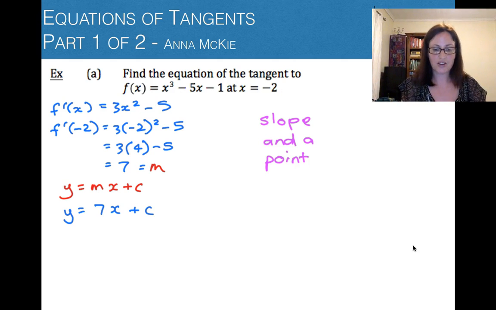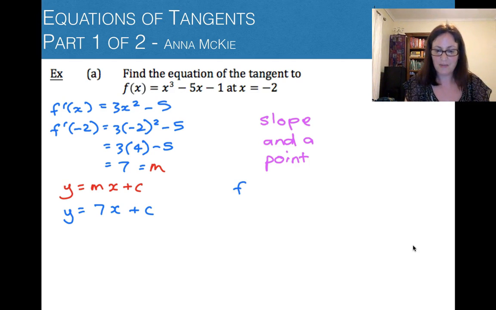Well, we're going to substitute x equals -2 into the function. And that's another trick with using calculus. When you have a point, it's likely that you're going to use it in two places. The function, f of x, and the derivative, f dashed of x. So if you're ever stuck, just try that. Substitute that point into both of those two functions and see where it takes you.